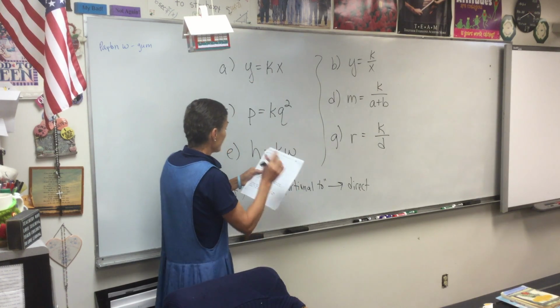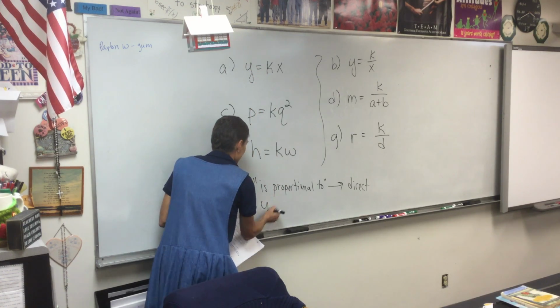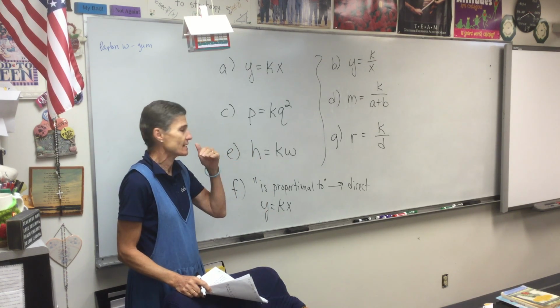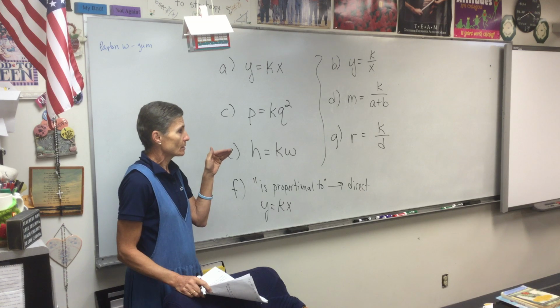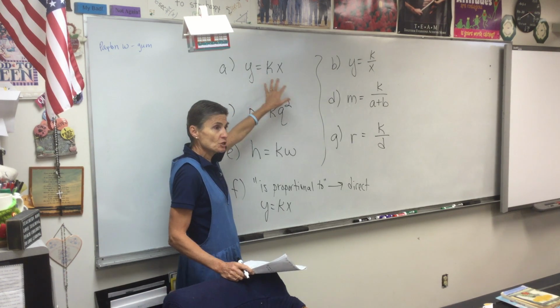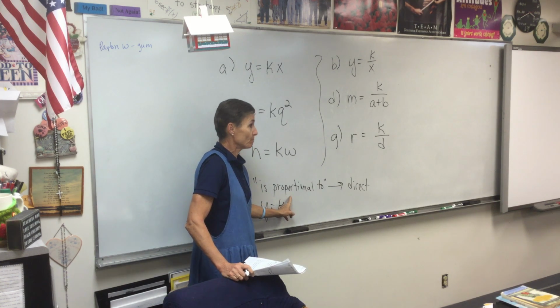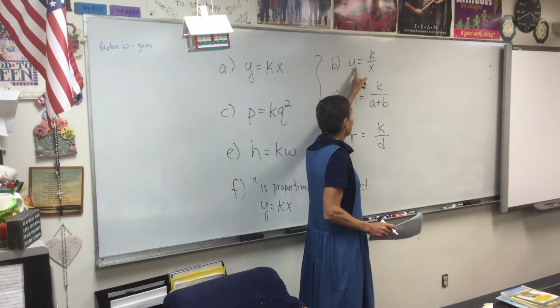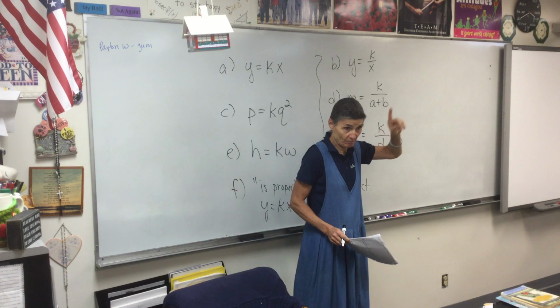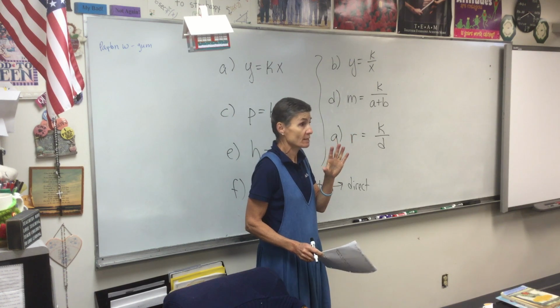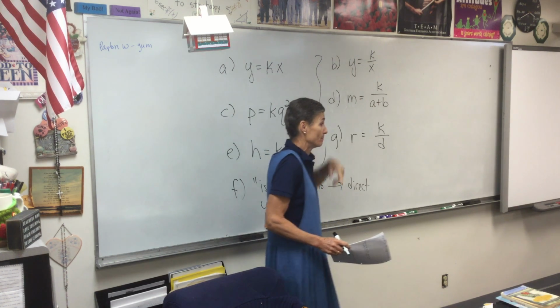So the answer to F is exactly the same as the answer to A. It's two ways of saying exactly the same idea. Direct variation means one variable is k times the other one. Another word for direct variation is proportional. Inverse variation means one variable is k divided by the other variable. And if you see the word inverse in the problem, then that's the way you're going to set it up.